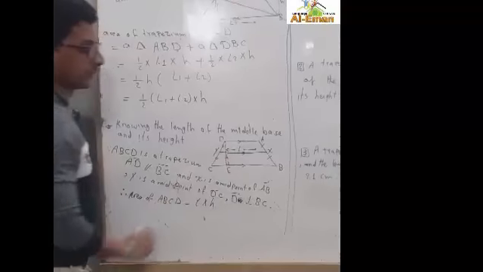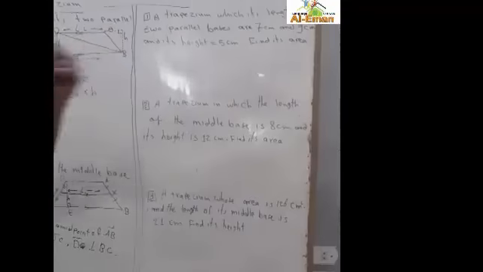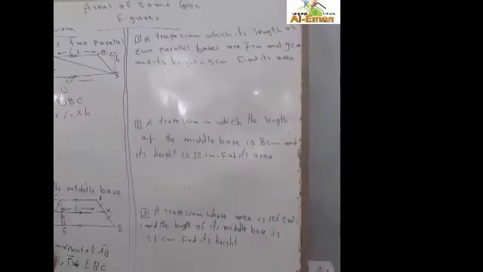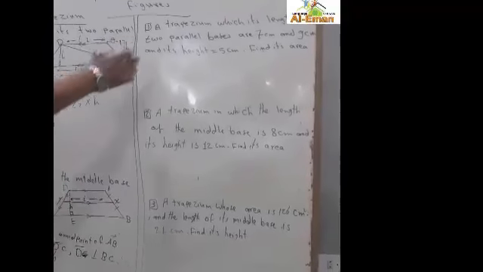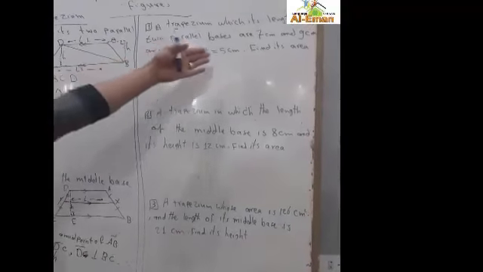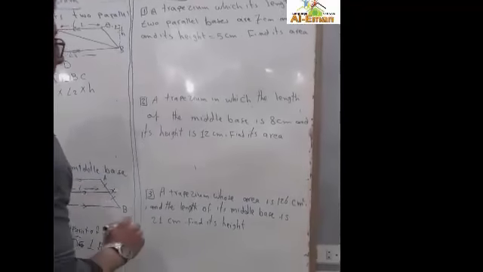Okay, let's go to this exercise: a trapezium whose two parallel bases are 7 cm and 9 cm, and its height equals 5 cm. Find its area.